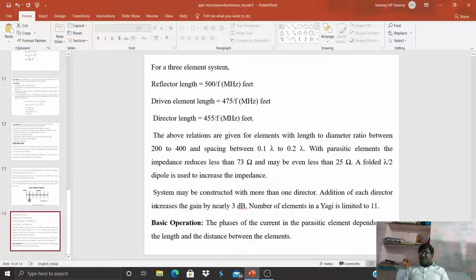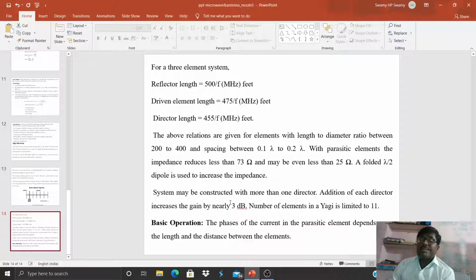And this system can be constructed with more than one director. Addition of each director increases the gain by nearly 3 dB. If you want to increase the gain of this Yagi-Uda array, the system may be constructed with more than one director.